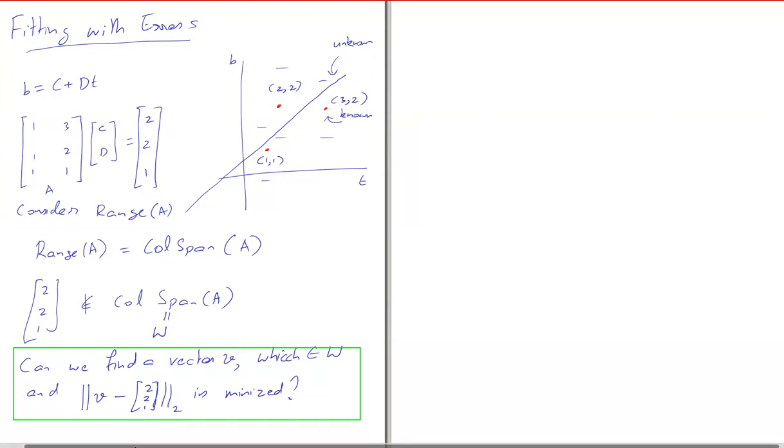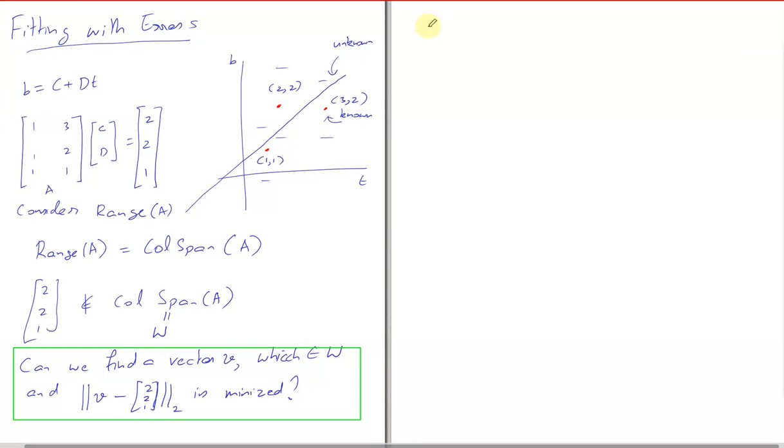So the question is, how do you find this vector? What is the vector which minimizes this? Any ideas? Geometrically we can think that the projection of V onto the column space minimizes it.